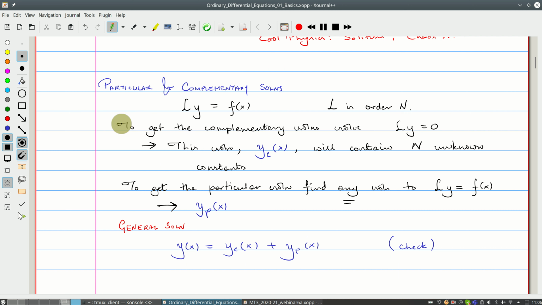Now here's a concept which is taken from chapter 15 of Riley, Hobson and Bence. It's the idea of particular and complementary solutions. We'll see it again later.